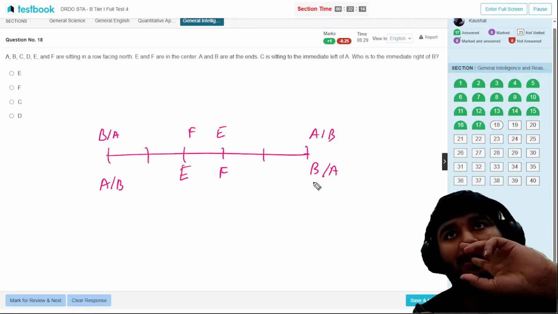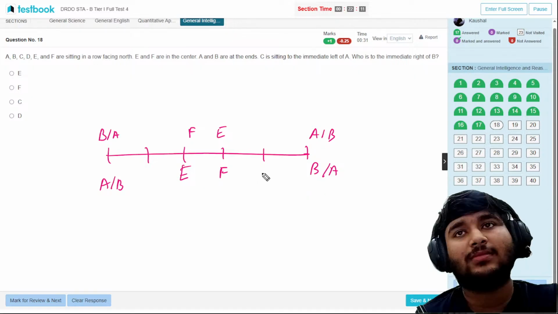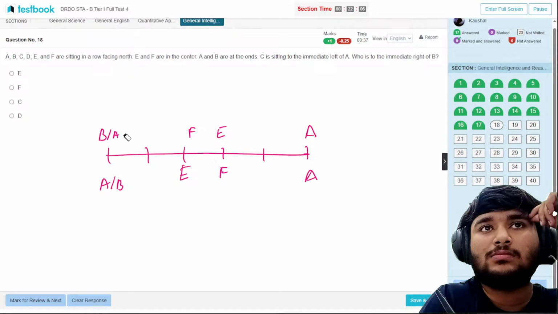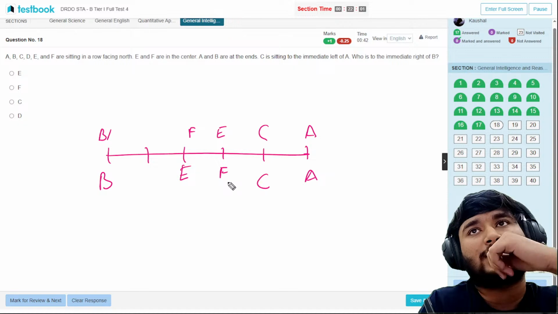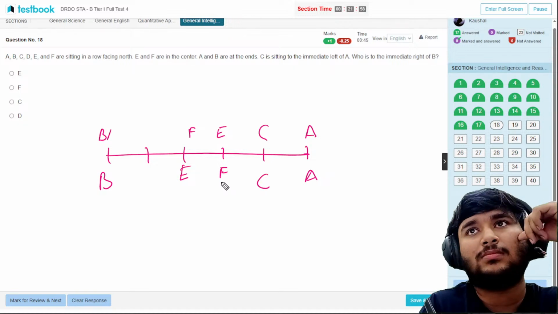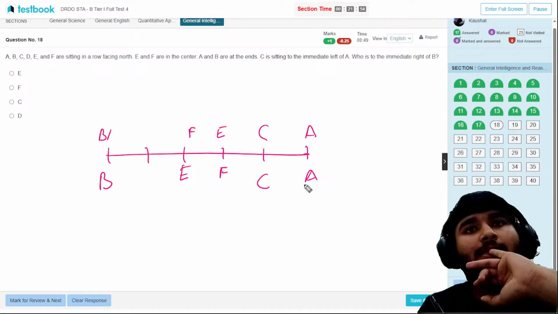C is immediate left of A. Who is immediate right of B? बचा कौन? A, B, C बच गया, D रह गया बस.